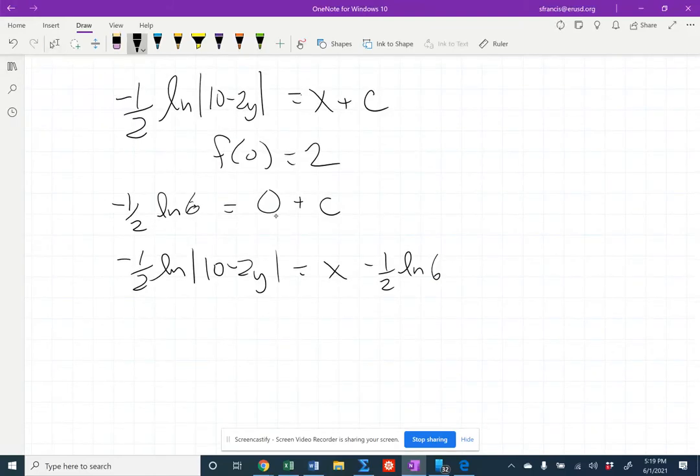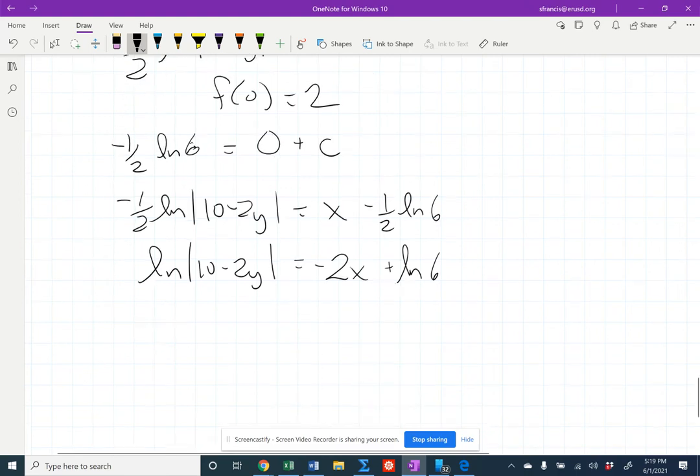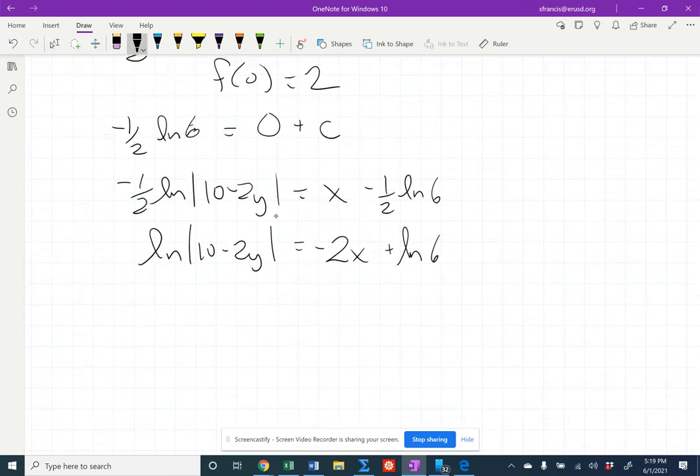Now I would multiply through here by negative 2 first to get rid of the coefficients in front of the natural log. So this is going to be a negative 2x plus natural log of 6. I just multiplied through by a negative 2, so the negatives cancel, and the 2 and the 1/2 cancel, leaving me this. Same thing over here, so it becomes positive natural log of 6, and of course x times negative 2 becomes negative 2x.